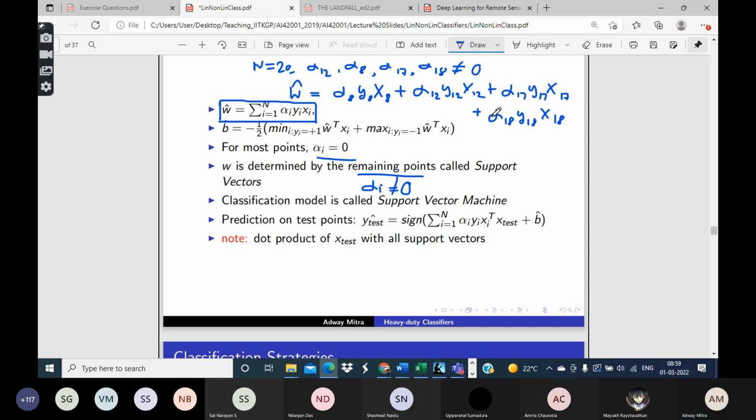Correct? So the remaining points become irrelevant. W is defined only in terms of a small number of points, which are called the support vectors.